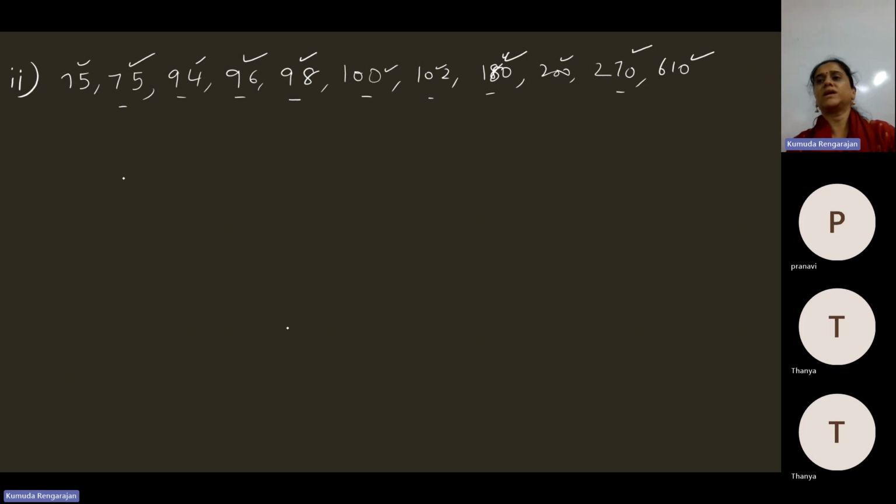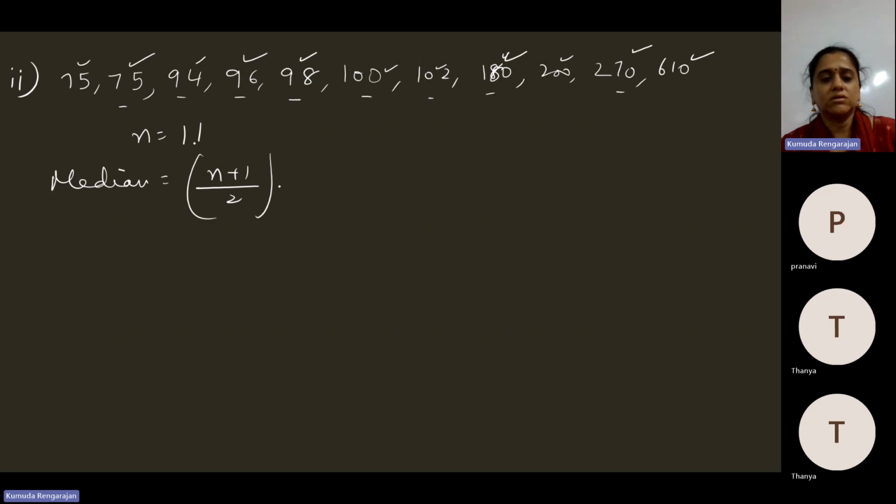So these are the numbers arranged. This is how the numbers look when they are arranged in the ascending order. So what's the value of n? 1, 2, 3, 4, 5, 6, 7, 8, 9, 10, 11. So n is 11. Median is equal to (n plus 1) by 2th observation.